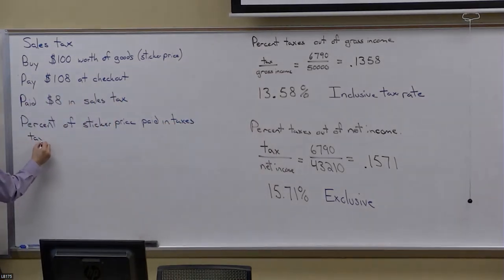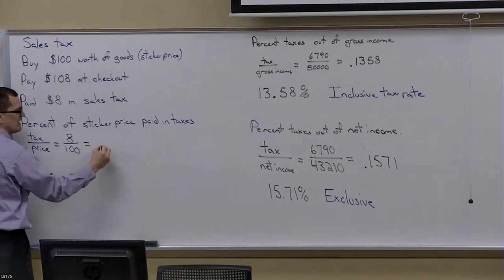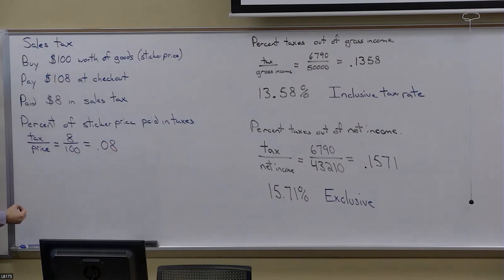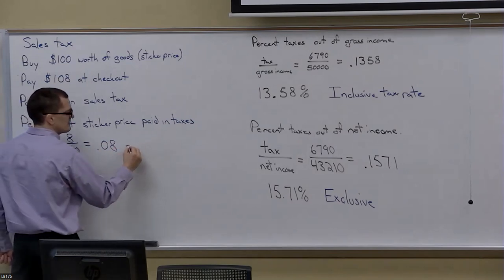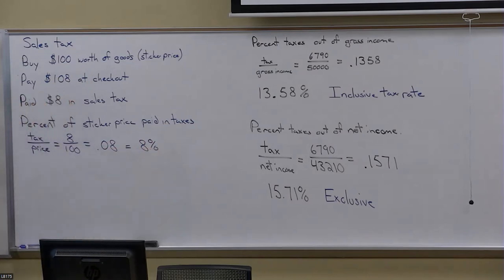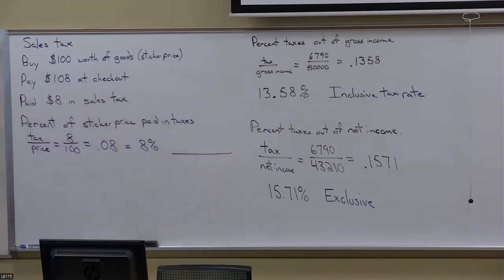You put the tax amount over the price of the goods. Again, the sticker price is 100. So 8 out of 100 would be 0.08, which is 8%. Now I'm going to write a word there in a second, so just hold with me. Leave that little bit blank.